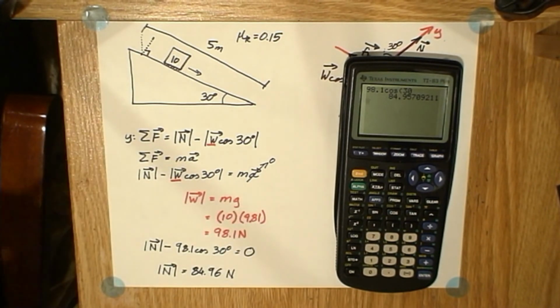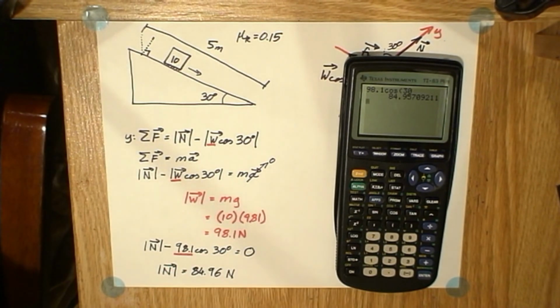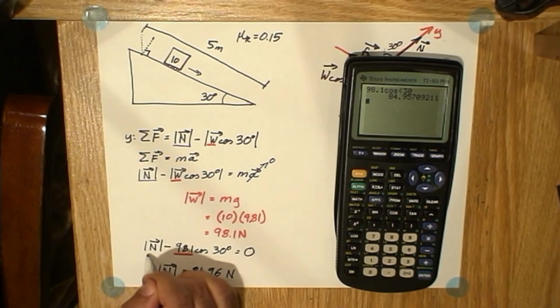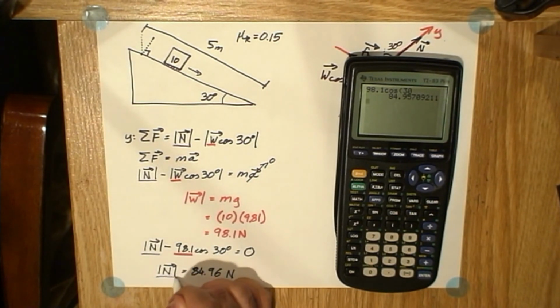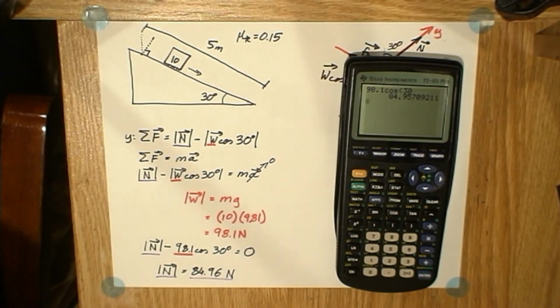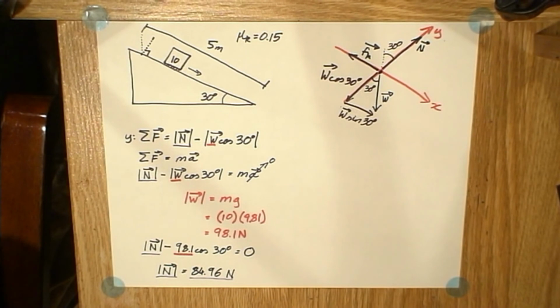Just for the sake of clarity, I'm going to highlight this 98.1 where it appears. I'm going to give a purple underline to the normal force so that we're able to track that along as we solve this puzzle. We've now solved for the normal force.